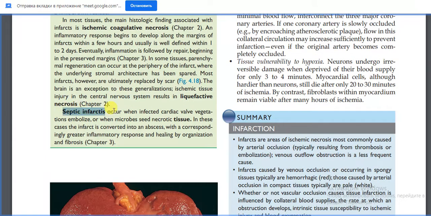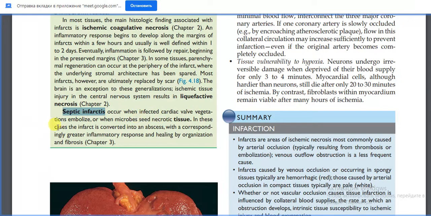Infarcts also happen when, for example, an infected cardiac valve forms vegetations and they embolize. We discussed embolization. The bacteria attached on the vegetations obstruct the blood vessel, and of course it's followed by bacterial invasion of this area.